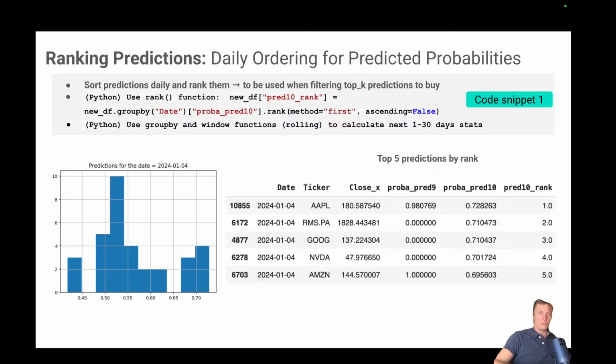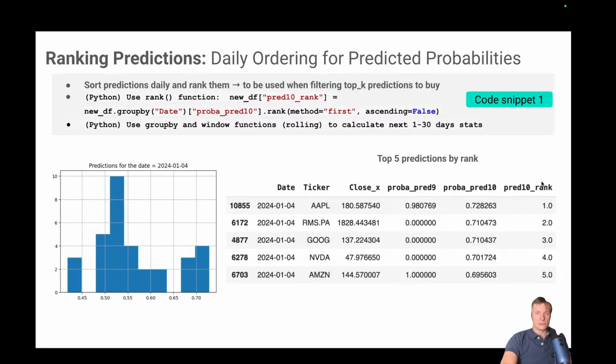Okay, so before we dive into the prediction function, I want to introduce several new things. First, we want to rank all the predictions and store those predictions as a new column.